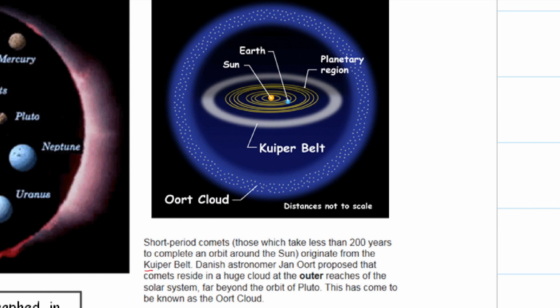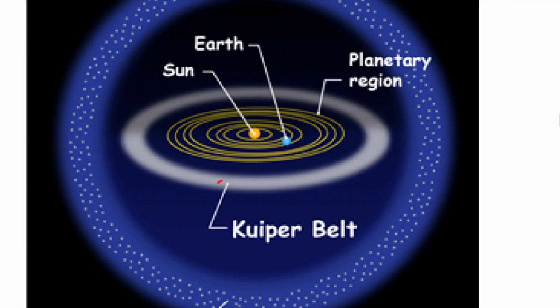Now I'm not sure if I'm pronouncing that correctly, but you can see the belt is here. So if I can zoom in, let's say here's a comet, it does this, and then back around, and it just goes round and round.